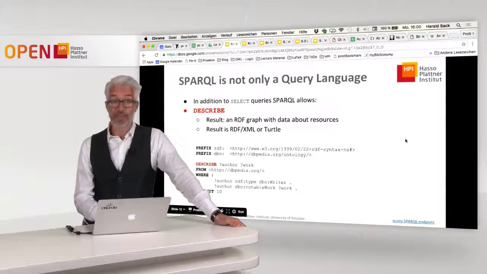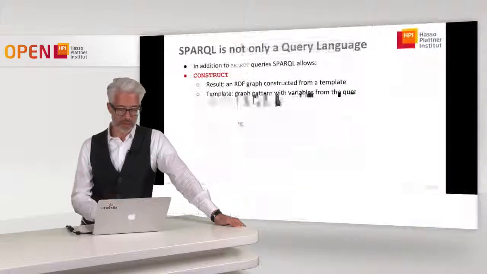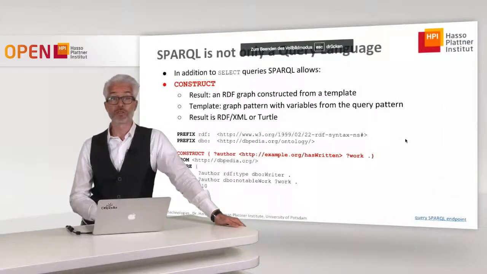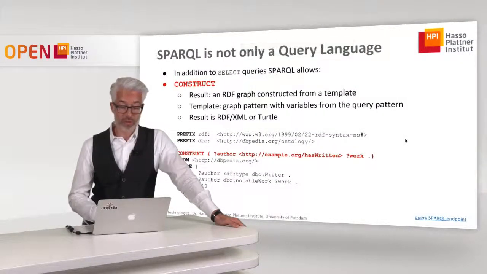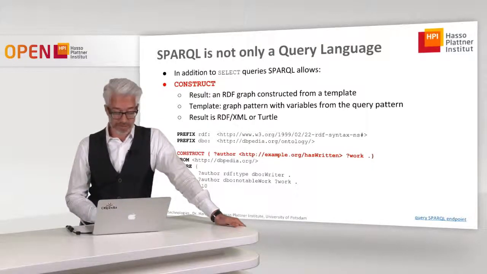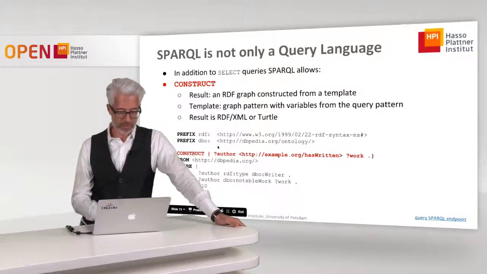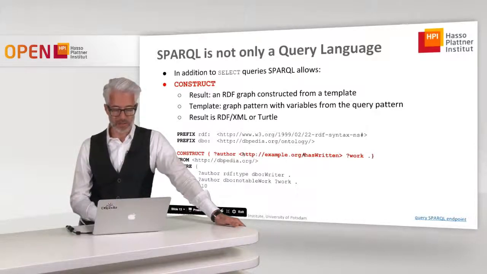And besides Describe, there is another possibility that you can use in SPARQL, and this is Construct. With Construct, you can explicitly construct triples. How does this work? You say construct, and then you have curly brackets, and then you say my triple should look like this: there is the output variable author, then I have, for example, an RDF property, which is here example.org has written.